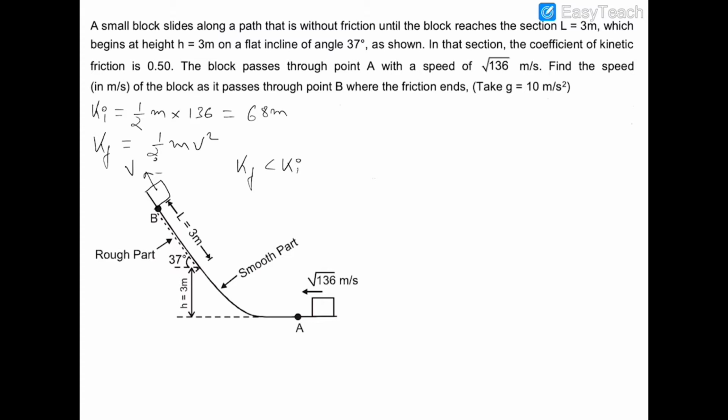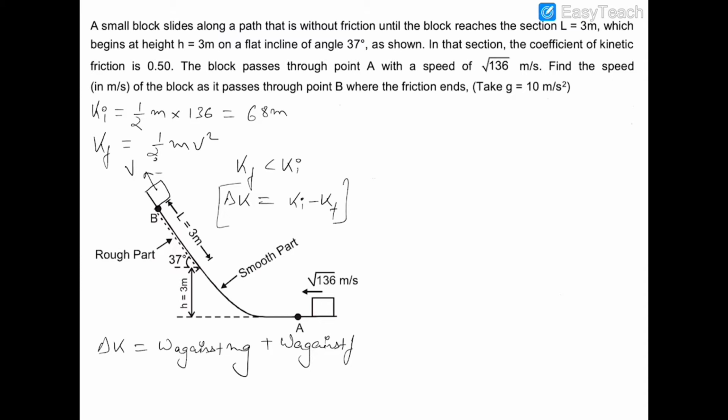So we can say that the loss in kinetic energy, delta K, is equal to K initial minus K final. This loss of kinetic energy is utilized in work done against mg plus work done against friction.